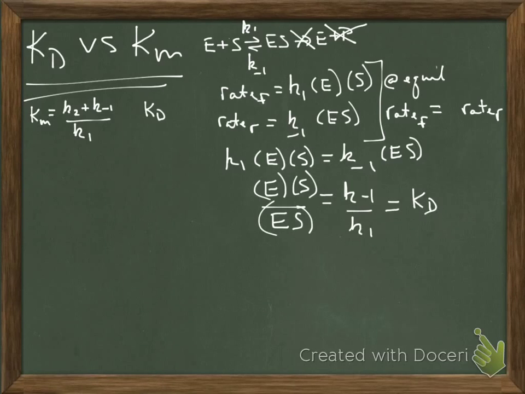Okay, so the KD is k minus 1 over k1. And it has what units? Molar, right? Because it's KD. So small means tight or weak with KDs? Tight. Okay? So this is the opposite of what they teach you in chemistry, not the opposite, the inverse.